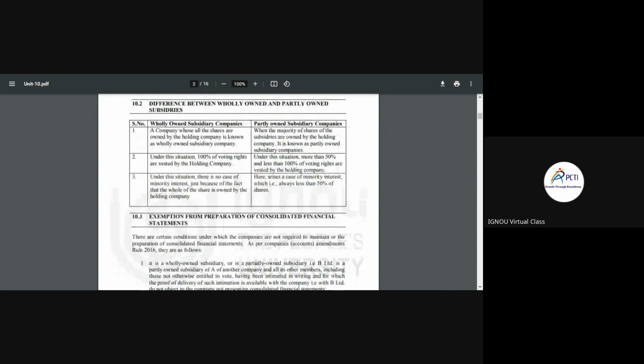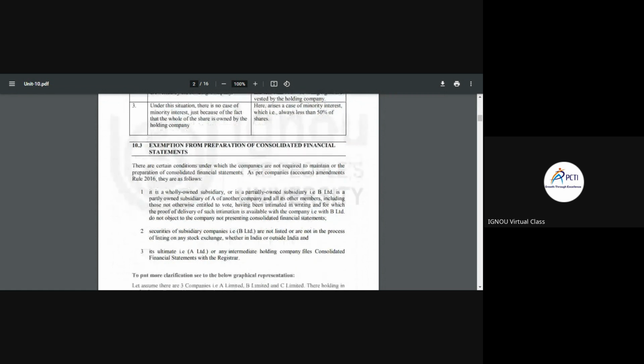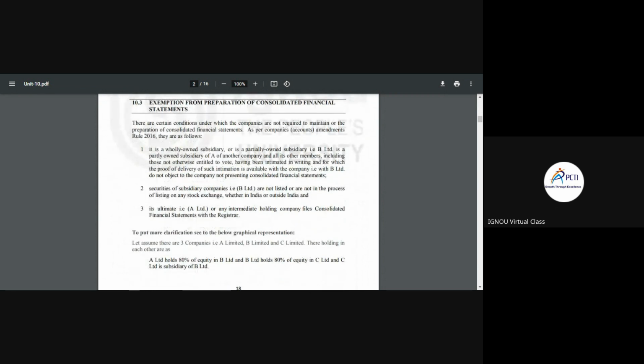Now, there are some exemptions from the preparation of consolidated financial statements. There are certain conditions in which companies are not required to prepare the consolidated financial statement. As per the Companies (Accounts) Amendment Rules 2016, they are as follows.